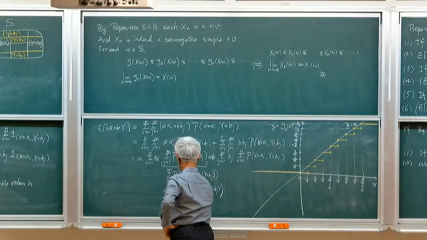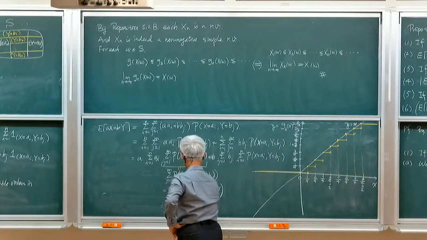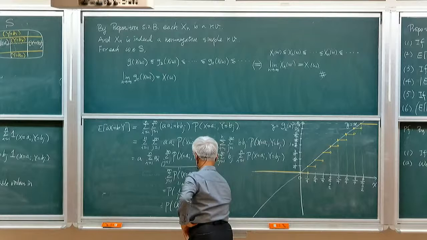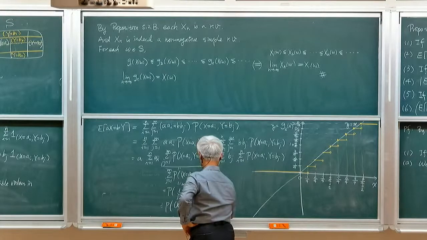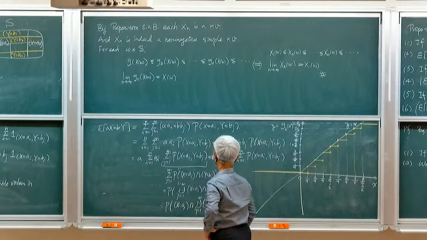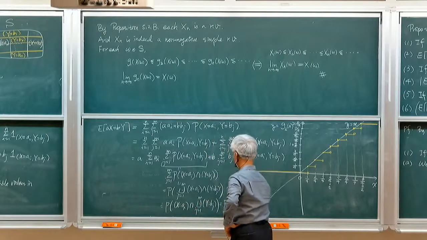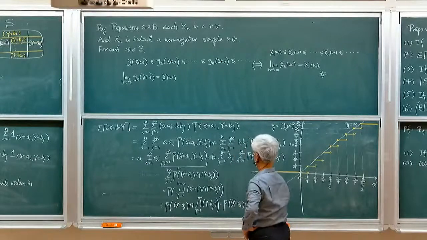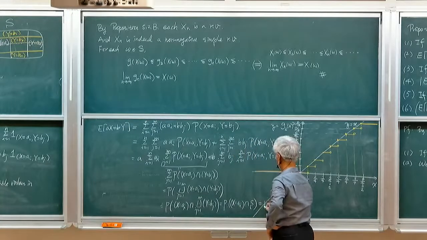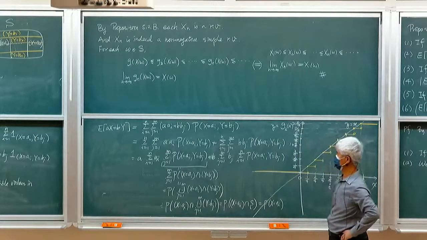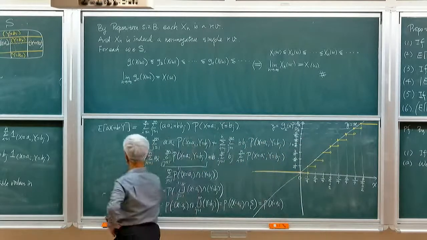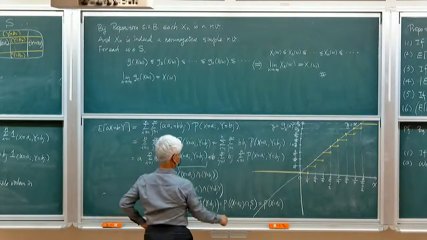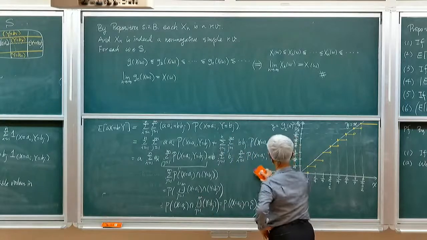By De Morgan's rule, this is x equal to ai intersect the union over j from 1 to m of y equal to bj, and this is the probability of x equal to ai intersect the total event, which is the probability of x equal to ai.